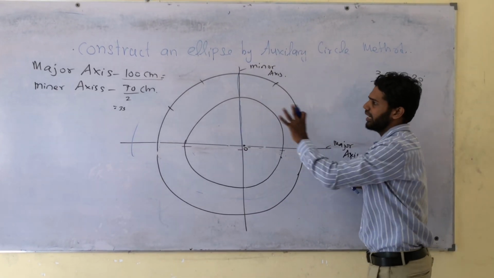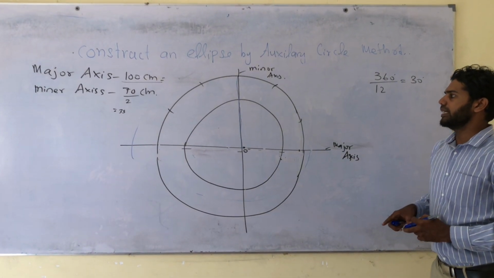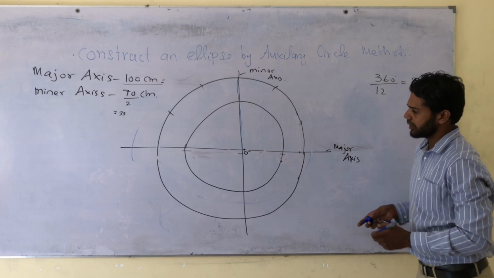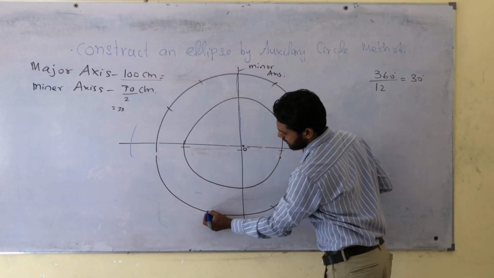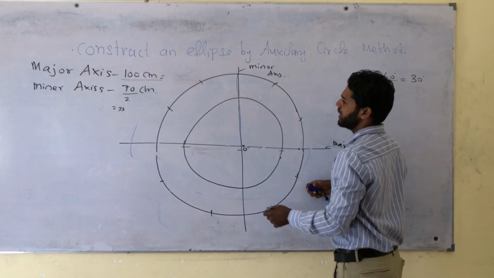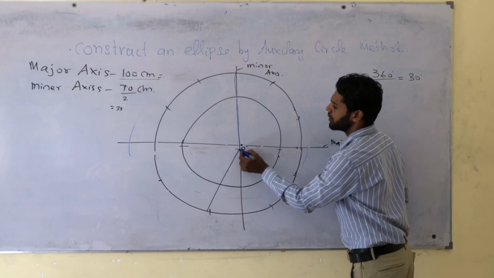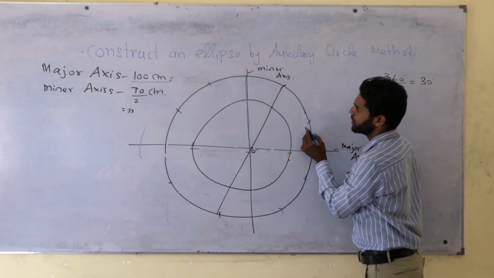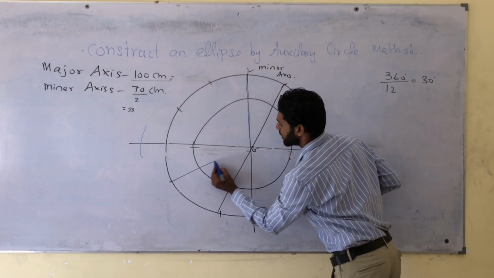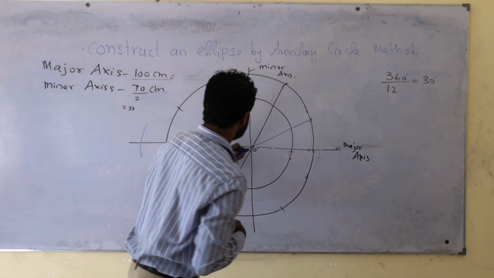So it means I am dividing the circle into 30 degree parts, as well as here and here and here and here. So finally you have to connect those two, as well as here you have to connect.